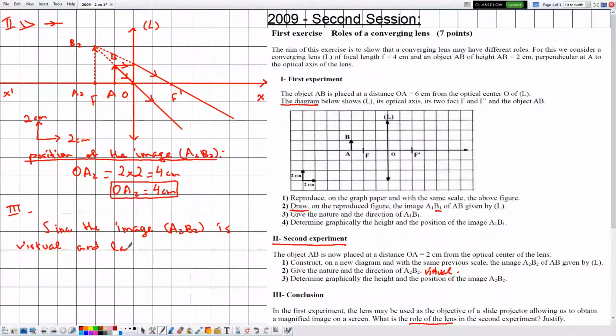And we know that whenever the image is virtual and larger in size, then the role of the lens will be the magnifier. Then the role of the lens is a magnifier.